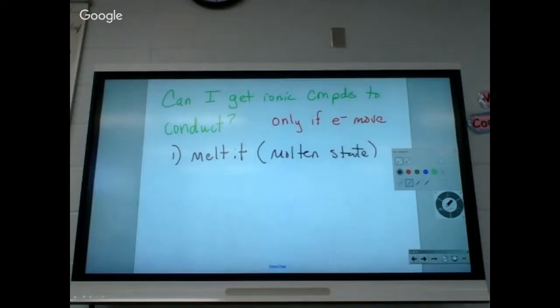Salt has a really high melting point, but I don't have that piece of equipment in here to demonstrate that.